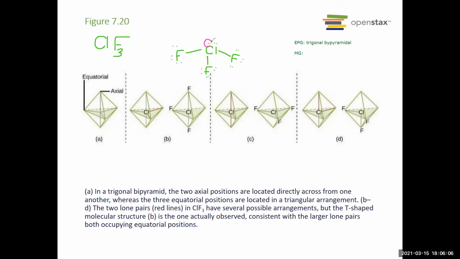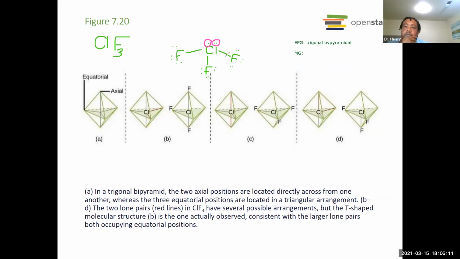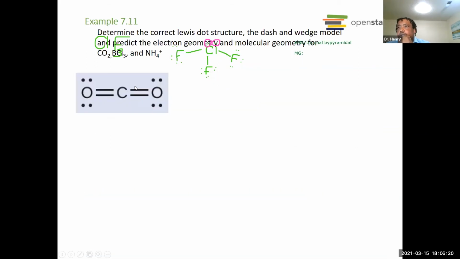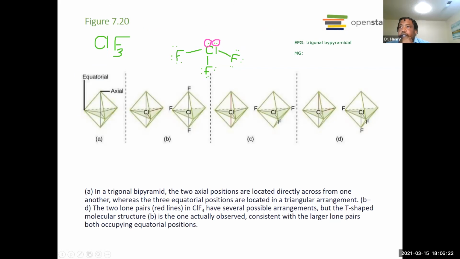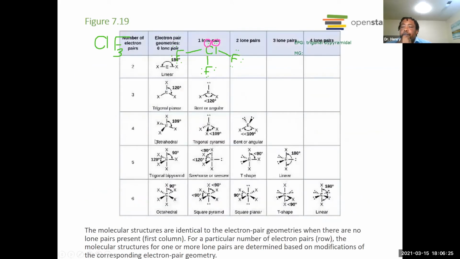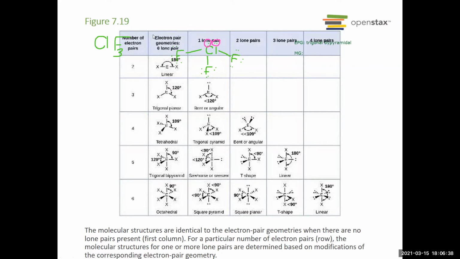Two. It has 2 lone pairs, and we have 3 atoms attached. Let's go back to our little table. Okay, so we're down here, 5 attachments total, 2 lone pairs. What shape is that going to be? The T shape. Okay.